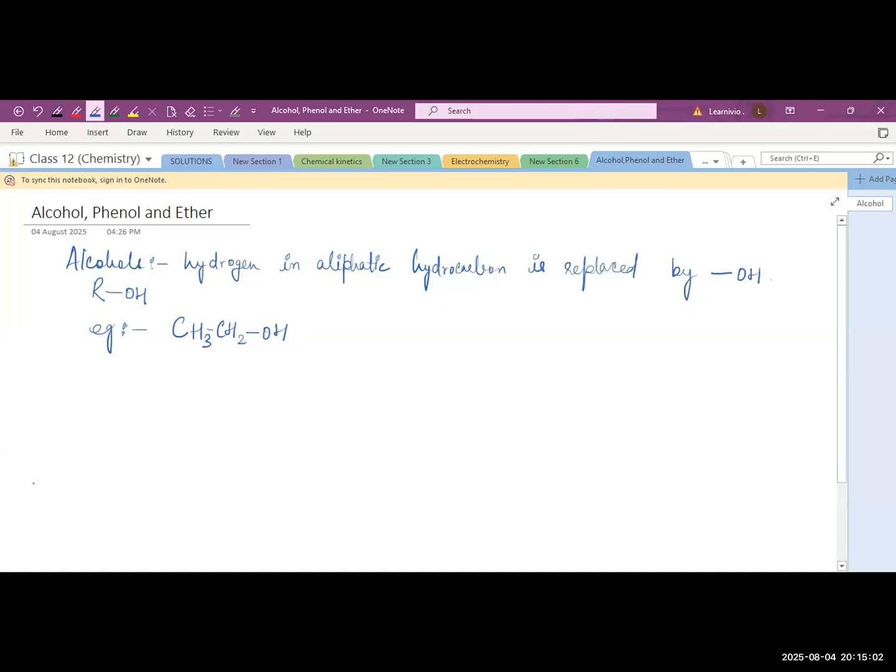Suppose there is C2H6: remove one hydrogen from here and replace it with the OH group. So you will get CH3CH2OH, and this is your ethanol.